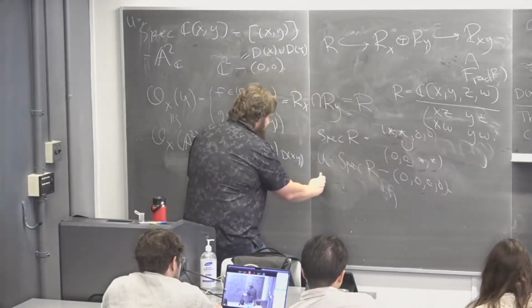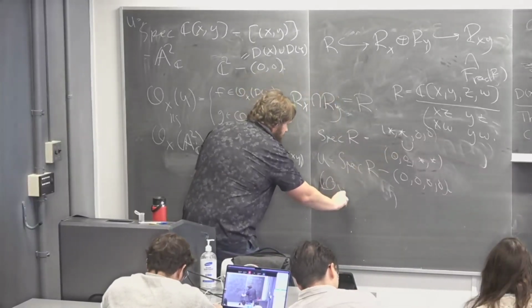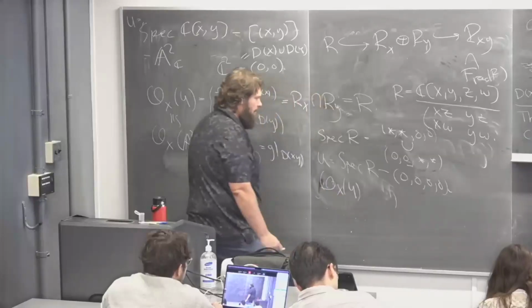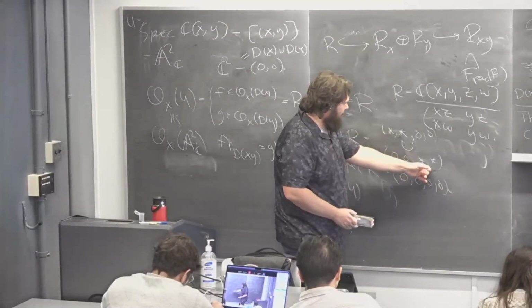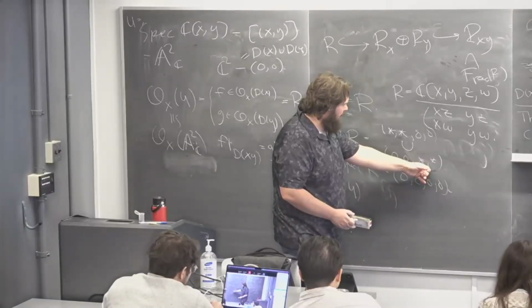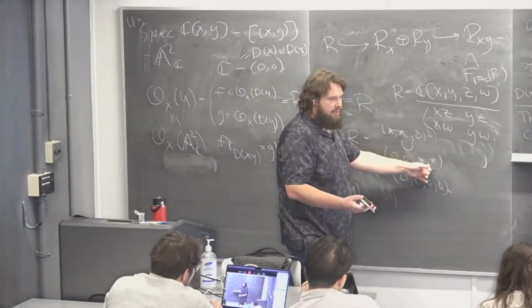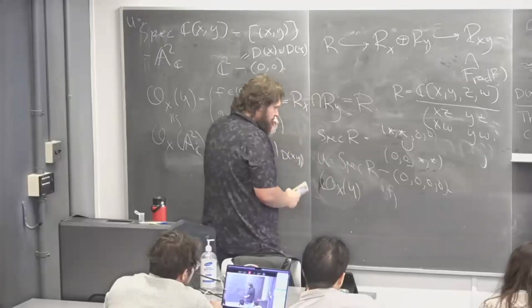So in this case, if I look at O_X on U, I can choose a section where these guys are not 0, and I can choose a section where those guys are not 0, and there's no consistency required between them.